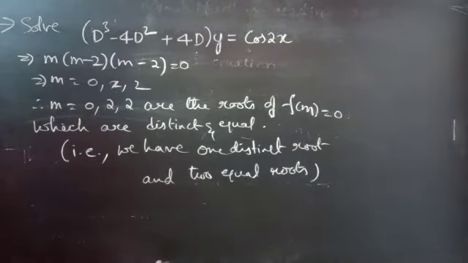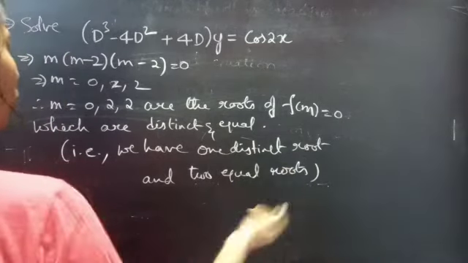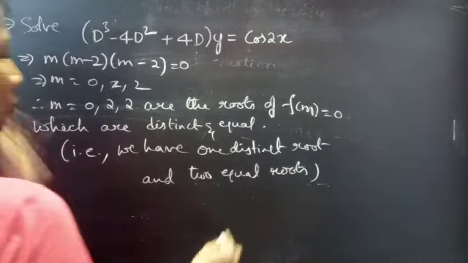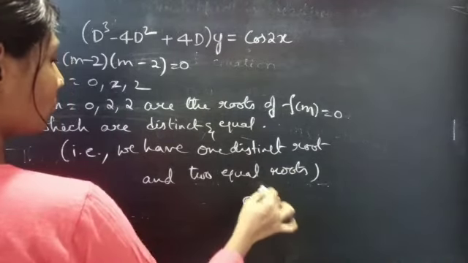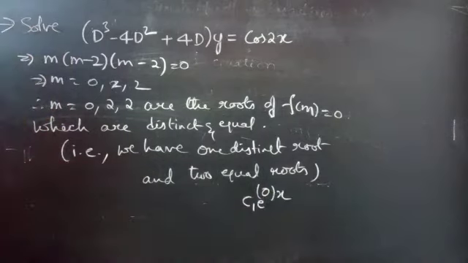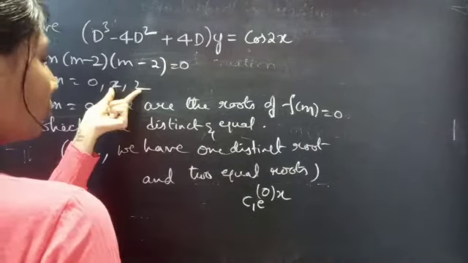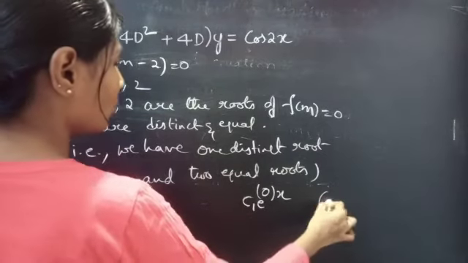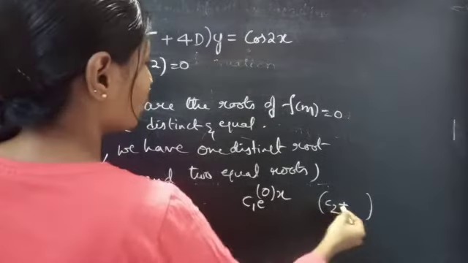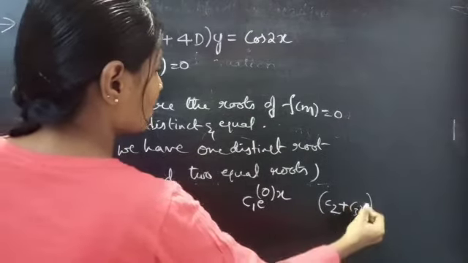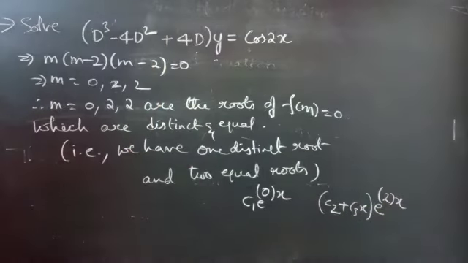We know that if two roots are equal, the solution for the distinct root will be a constant into e power distinct root into x, and for equal roots the solution will be a constant. See, we have two equal roots, so we'll get two terms under bracket, c2 plus another constant into x, into e power equal root into x.